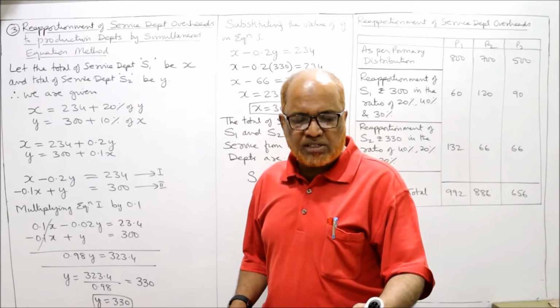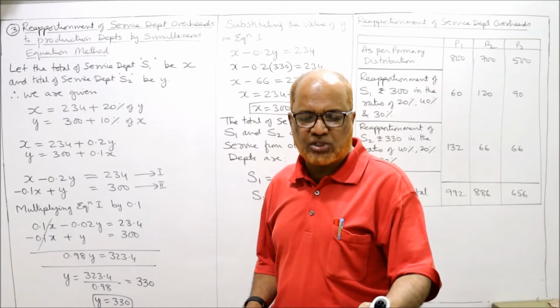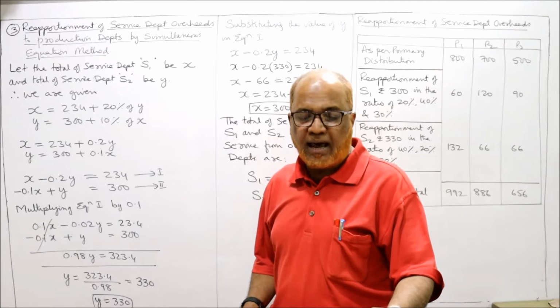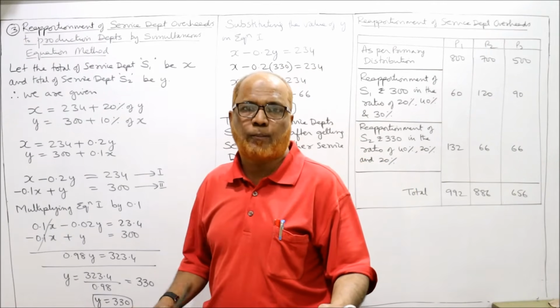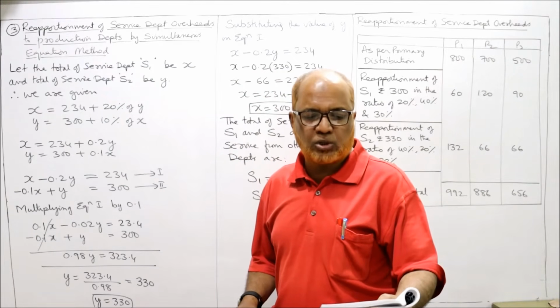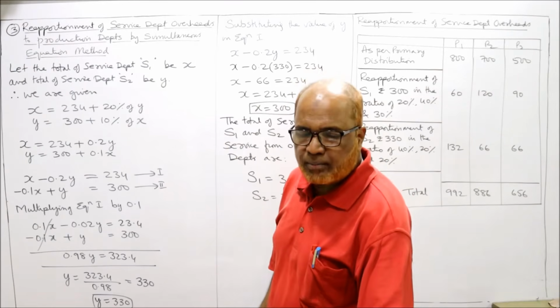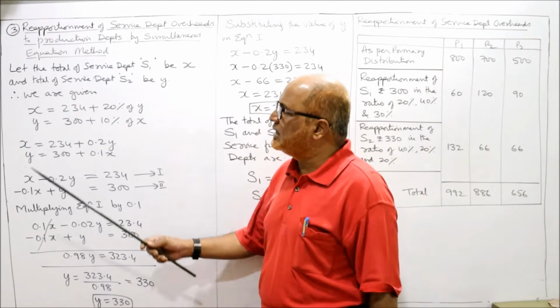Now, the expenses of departments are distributed as S1 is giving 20% to P1, 40% to P2, 30% to P3 and 10% to S2. Similarly, S2 is giving 40% to P1, 20% to P2, 20% to P3 and 20% to S1. Now I am showing it by the simultaneous equation method.